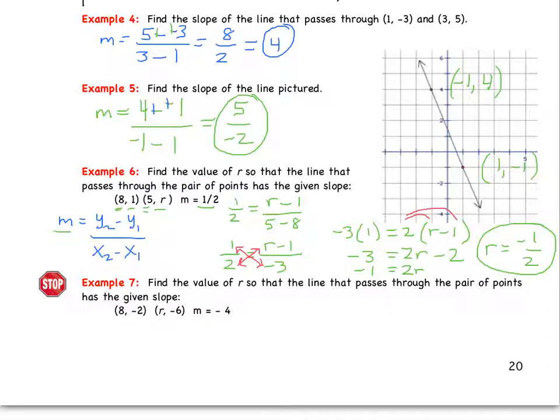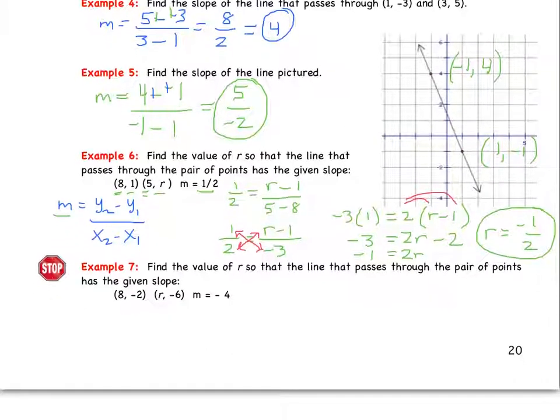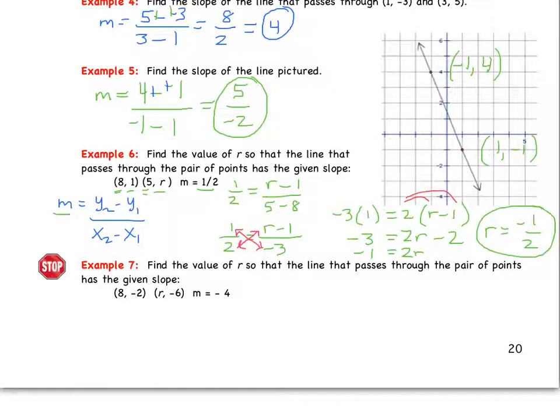Okay. All right, so now I want you to stop the video and try example 7 on your own, following along with what we did in example 6. So this time, find the value of r so that the line that passes through the pair of points has the given slope. So we have the points 8, -2 and r, -6, and our slope is -4.